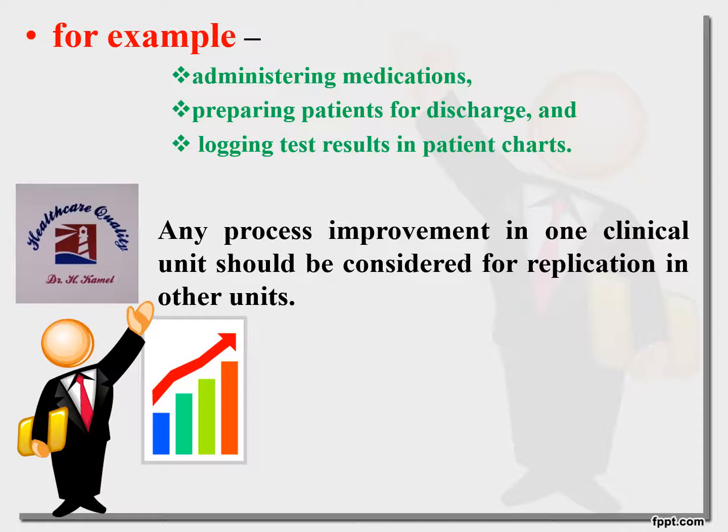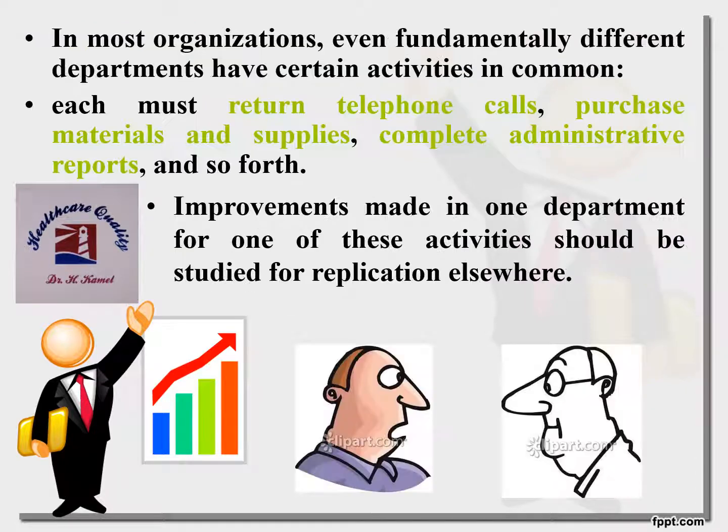Any process improvement in one clinical unit should be considered for replication in other units. In most organizations, even fundamentally different departments have certain activities in common. Each must return telephone calls, purchase materials and supplies, complete administrative reports, and so forth. Improvements made in one department for one of these activities should be studied for replication elsewhere.